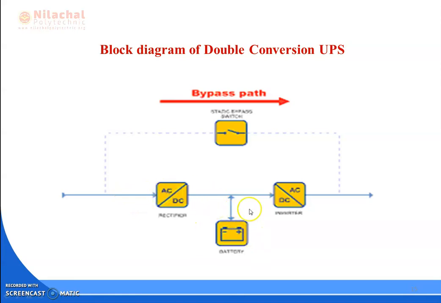But as the battery is already charged, the inverter takes the power from the battery itself. There is no need of the transfer switch. We can get the current from the battery and use it to supply power to the system.